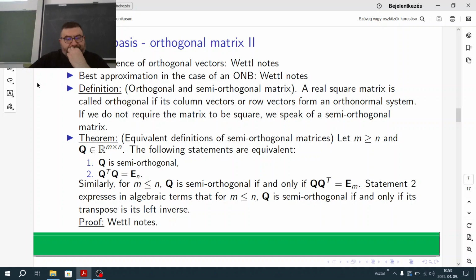If you have a matrix Q of size n times n, and you take the transpose and multiply it with the original matrix, and you get the identity matrix, then that's an orthogonal matrix.